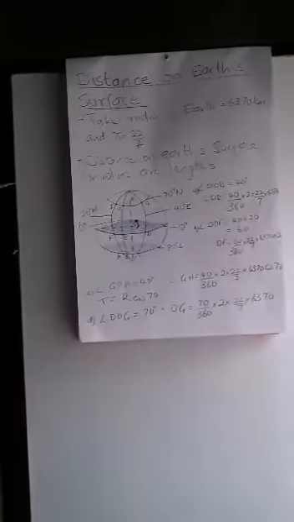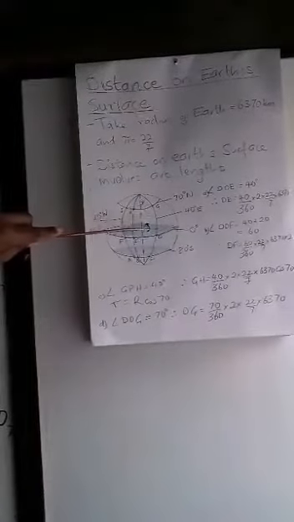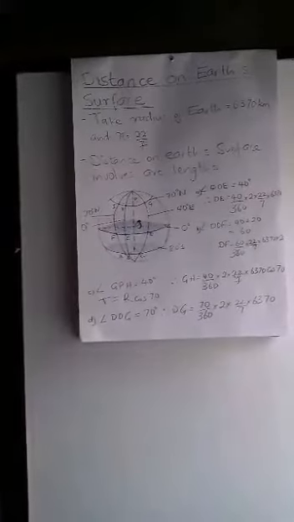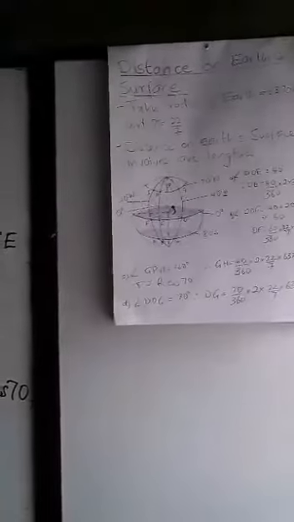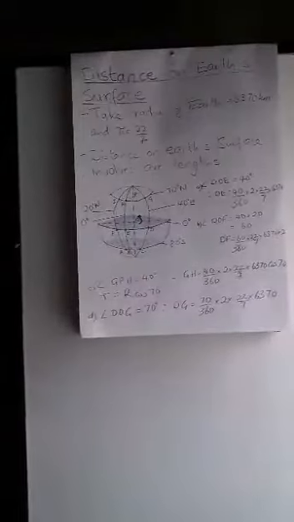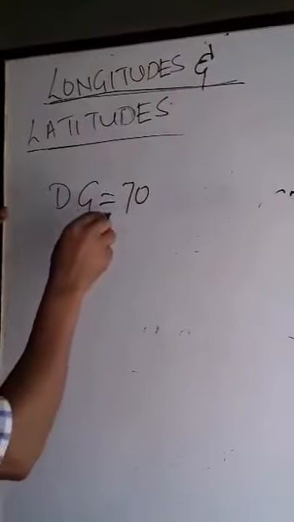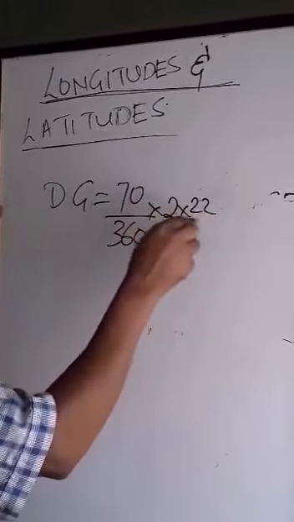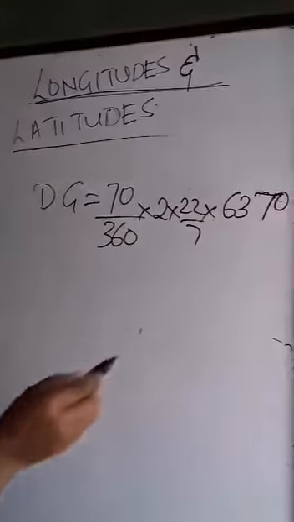And if the latitude is 70, then we said that the angle 70 is actually the angle measured from here to there. And therefore, DG subtends an angle of 70. Therefore, arc length DG will be the angle it subtends over 360 times 2 times 22 over 7. It's a great circle, so 6370.